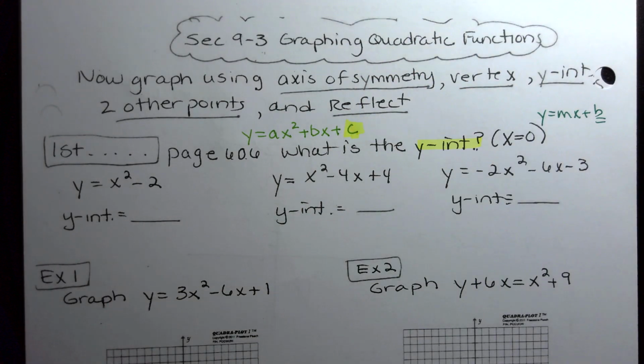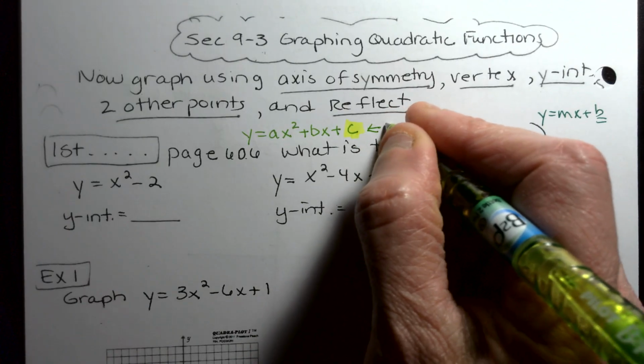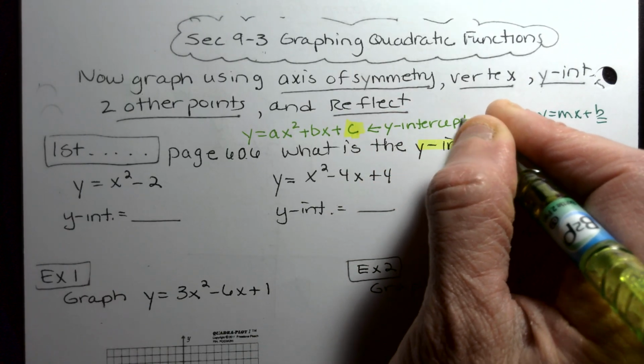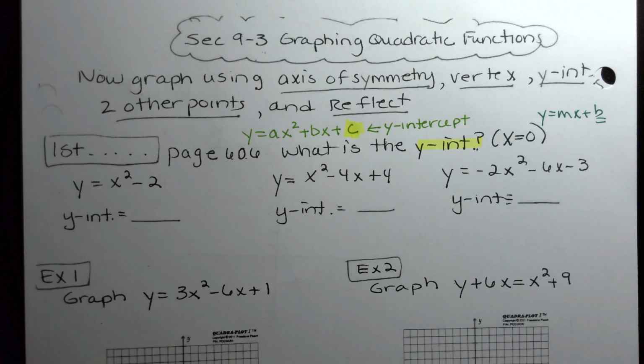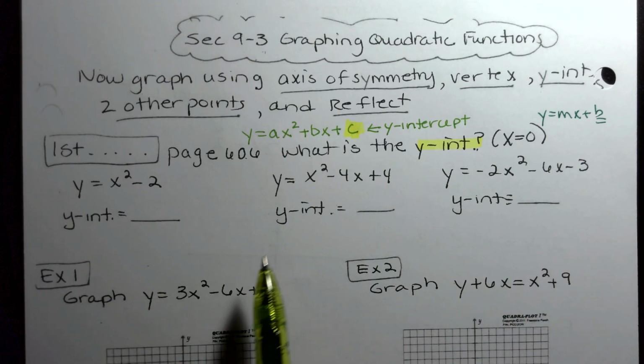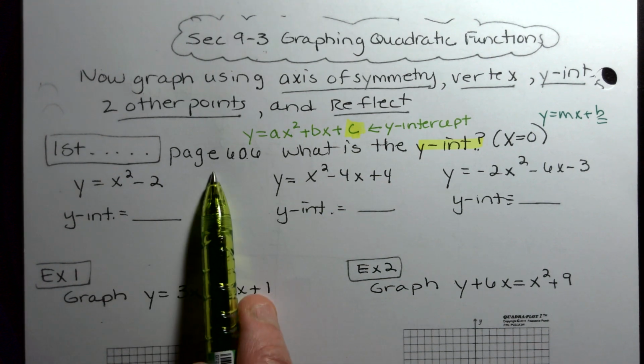The c, the number that's all by itself. That is the y-intercept. Okay, because it's basically saying that x is 0. Right? If it's on the y-axis, that means that x is 0. It's right in the middle.